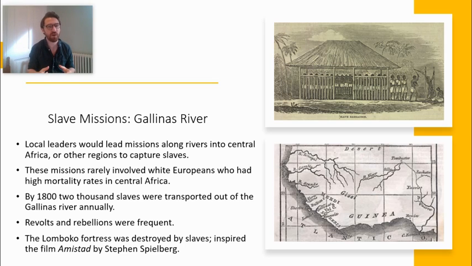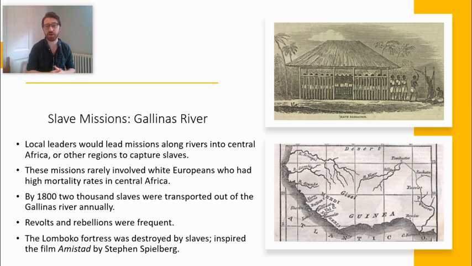But we do know of a very notable example of the Lomboko fortress, which was destroyed by slaves who had been captured by local leaders in Sierra Leone. And that inspired the film Amistad, which was made by Steven Spielberg, which I'd recommend looking at. Although not completely accurate, it gives an insight into some of these issues we were talking about.